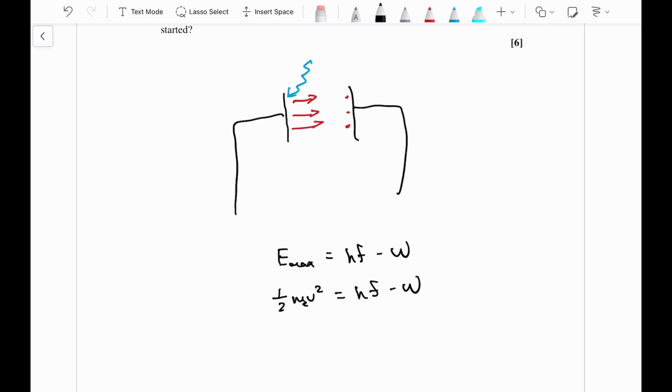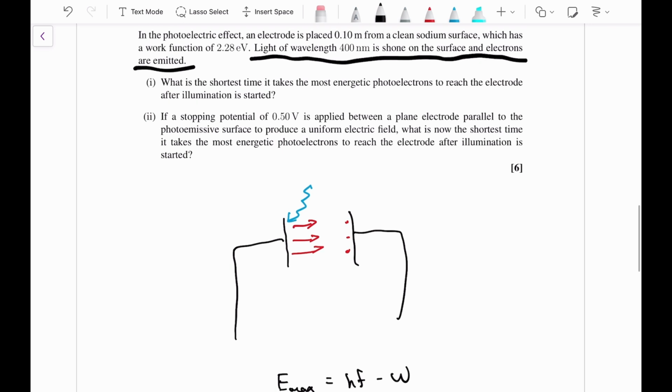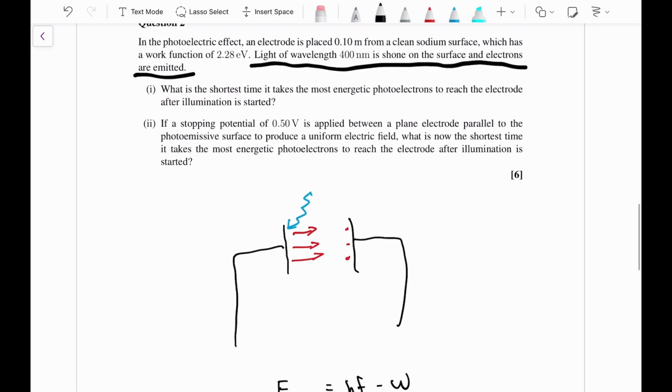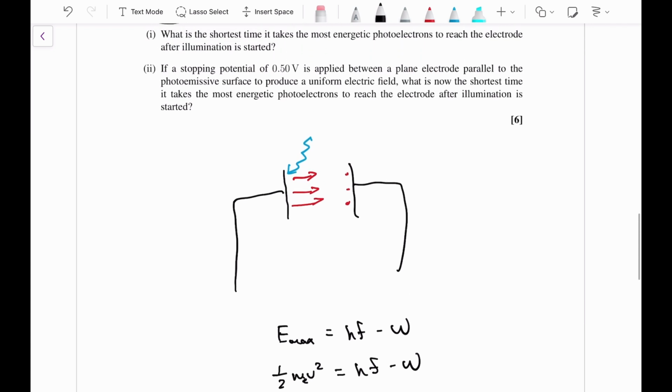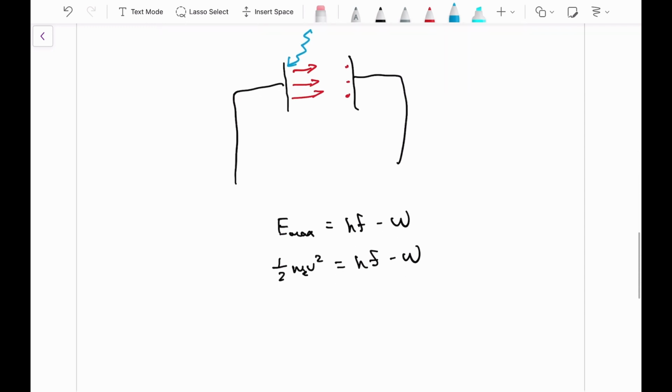What I want to calculate is the velocity of the electrons, and then we can divide the distance between the plates, which is given as 0.1 meters, by the velocity, and we can get the time. That is essentially the shortest time to reach the electrode.